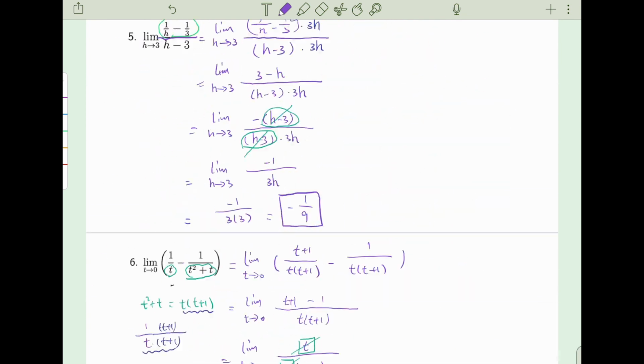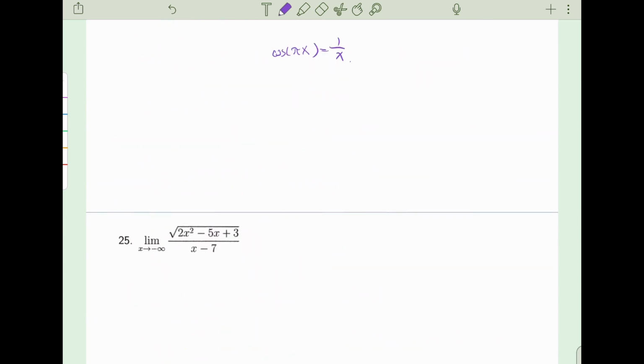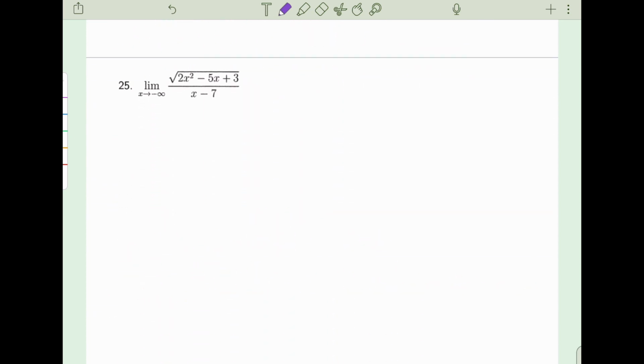And what we need to pay attention to is when x goes to negative infinity. We divide the top and the bottom by the highest power in the denominator, which in this case is x.